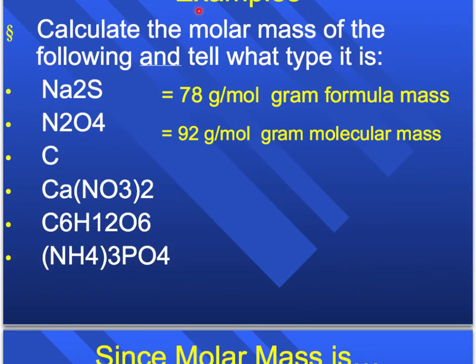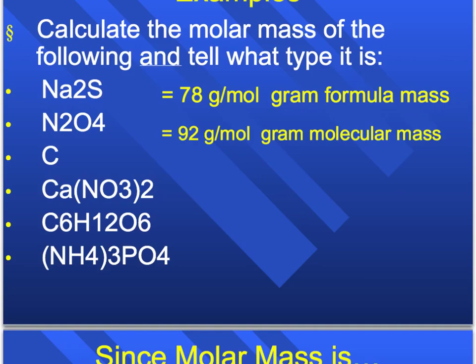So here is an example. Sorry you can't see that up top here, but it basically says calculate the molar mass of the following and tell what type it is, using the terms we just saw from the last slide. The first thing we want to do is see what type of compound it is. We have sodium and sulfur here, so we have a metal and a non-metal, so this is going to be an ionic compound, and that's why we're calling it a gram formula mass.